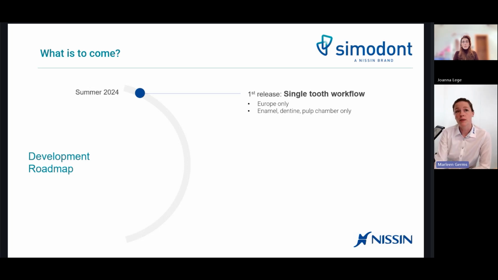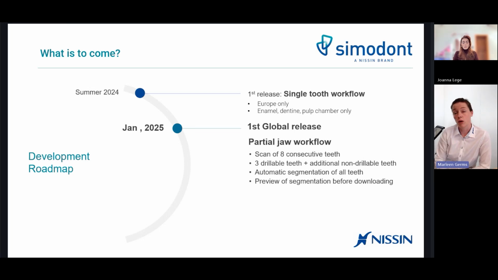We recently did our global release and also released simultaneously the partial jaw workflow. So what we can do right now is feed scans containing up to 8 consecutive teeth.